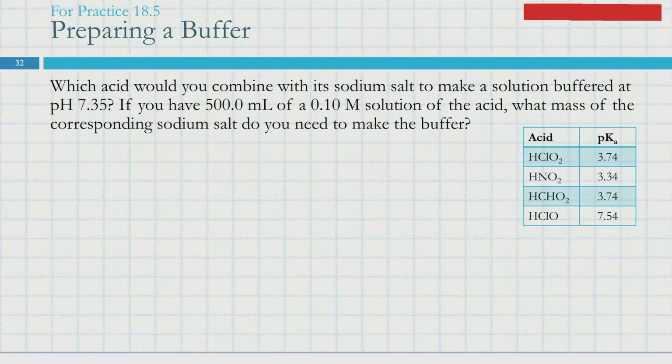So the first thing we're answering is, which of these is a suitable weak acid to make this buffer? We have a table of acids and pKa's on the right.